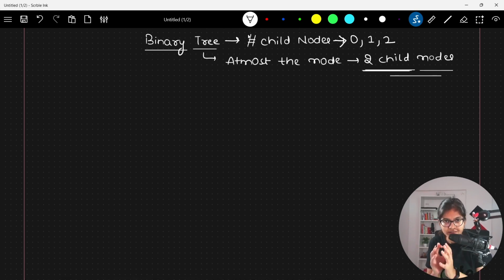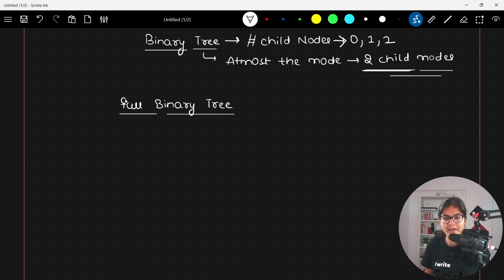There are three concepts which can be asked in an interview as well, and people generally get confused between these three things. First of all, what is the meaning of a full binary tree? After that, we will move towards the complete binary tree.